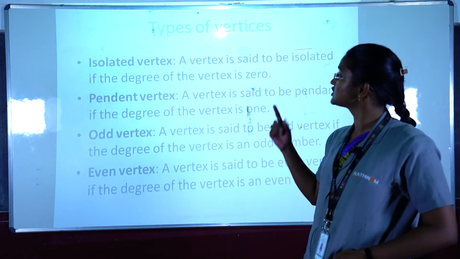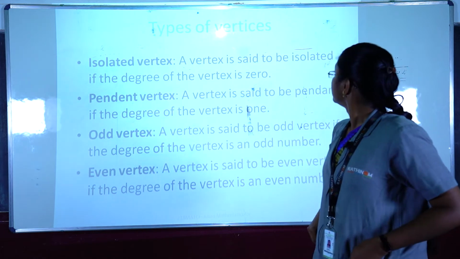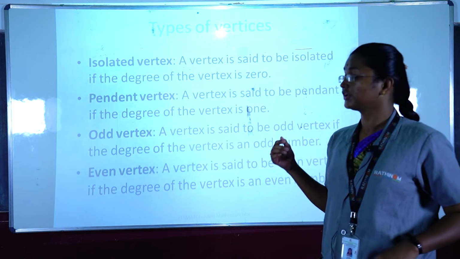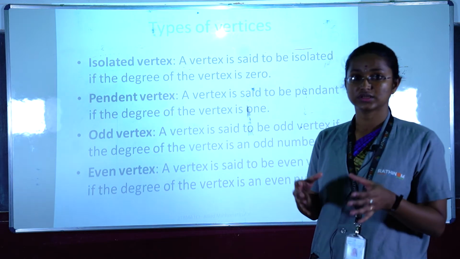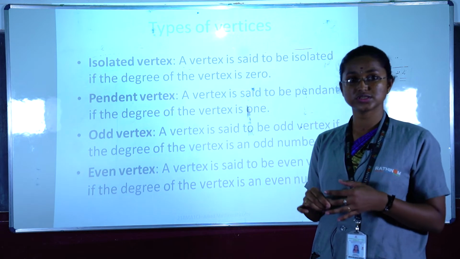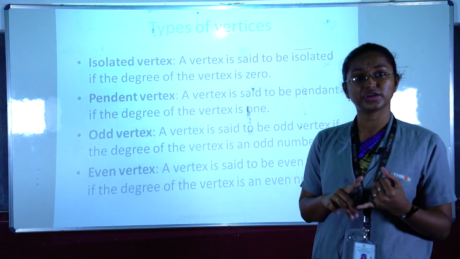First, the isolated vertex. A vertex is said to be isolated if the degree of the vertex is 0. That means no edges are connected to that particular vertex. Similarly, a pendant vertex is a vertex in which the degree is 1.